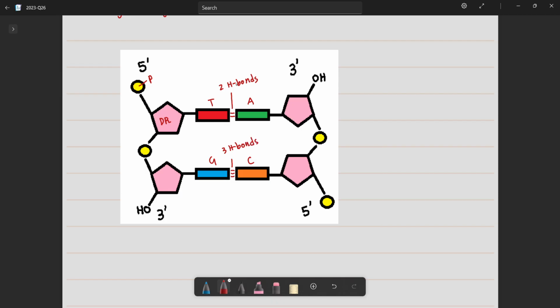Okay, so what's a hydrogen bond again? It's basically an intermolecular force that arises if a hydrogen atom is bonded to a highly electronegative atom, which could be nitrogen, oxygen, or fluorine. So these are the three main electronegative atoms. If they're bonded to hydrogen, the hydrogen can form hydrogen bonds.